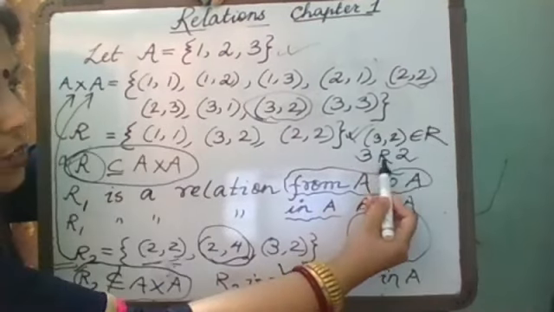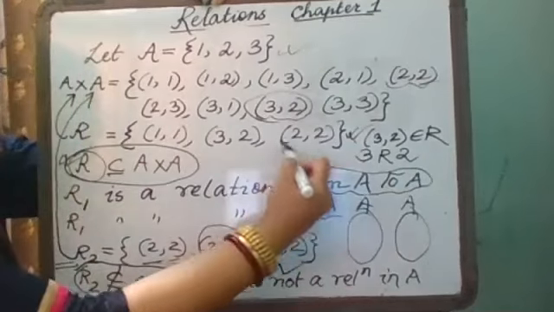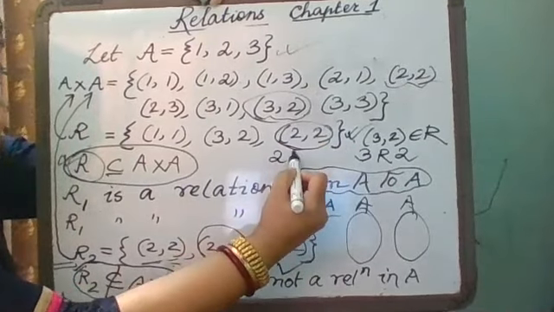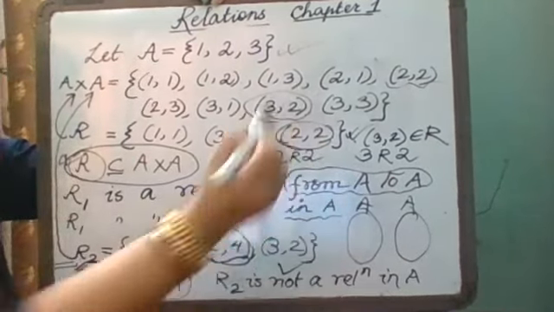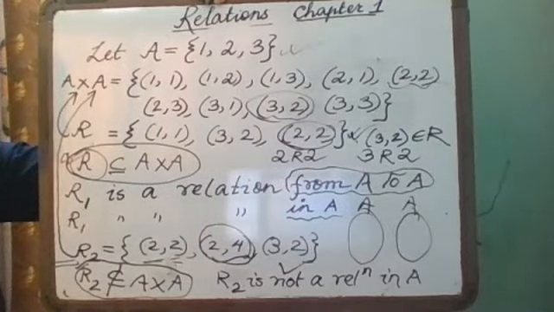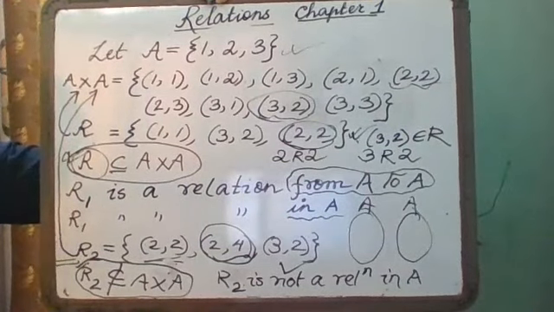That means 3 is related to 2. 2 comma 2 means 2 R 2. That means 2 is related to 2. This is what is written in your copy.